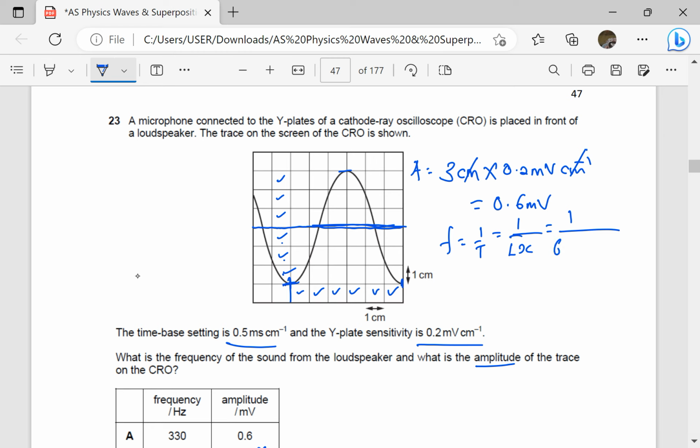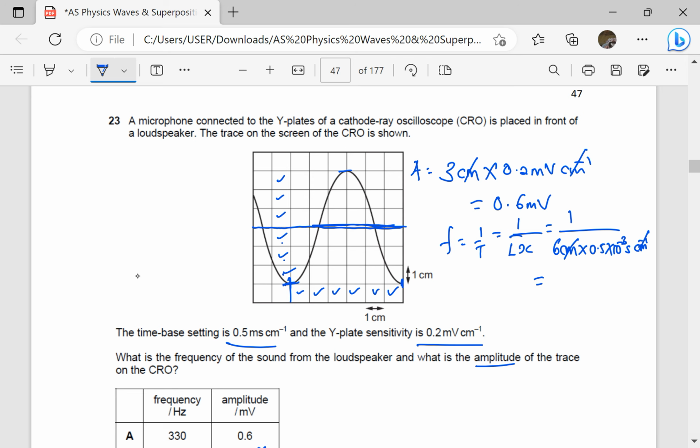So this will be 6 centimeters length of 1 cycle times the time-base setting, which is 0.5. Now it is in milli, so I will say times 10 to the power negative 3. So now it will be seconds per centimeter, and of course, per centimeter cancels out.